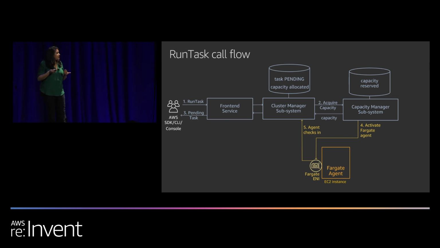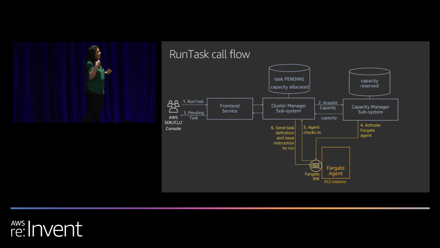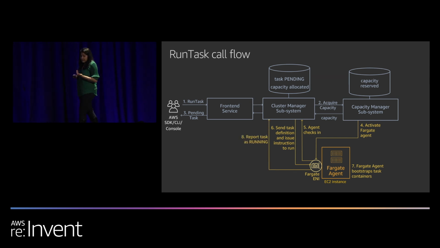The cluster management service is expecting this instance to register, so as soon as it sees that, it sends down the task definition and any other information that the agent needs to launch the containers. The agent makes the requisite Docker commands to actually spin up your containers, and then reports the task as running back up to the control plane, at which point we flip state in the control plane.